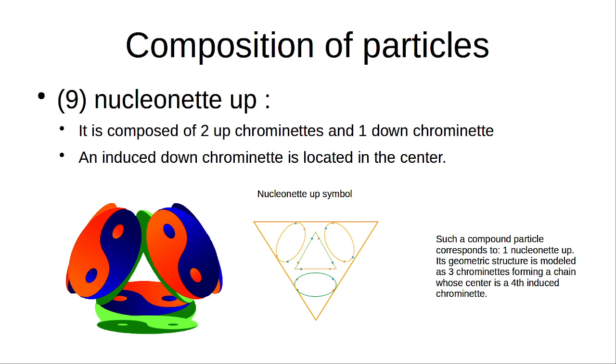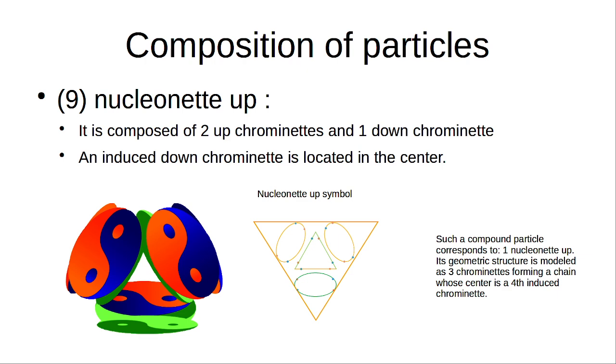9. Nucleonate up. It is composed of 2 up chrominates and 1 down chrominate. An induced down chrominate is located in the center. The nucleonate up symbol is given here. Such a compound particle corresponds to 1 nucleonate up.